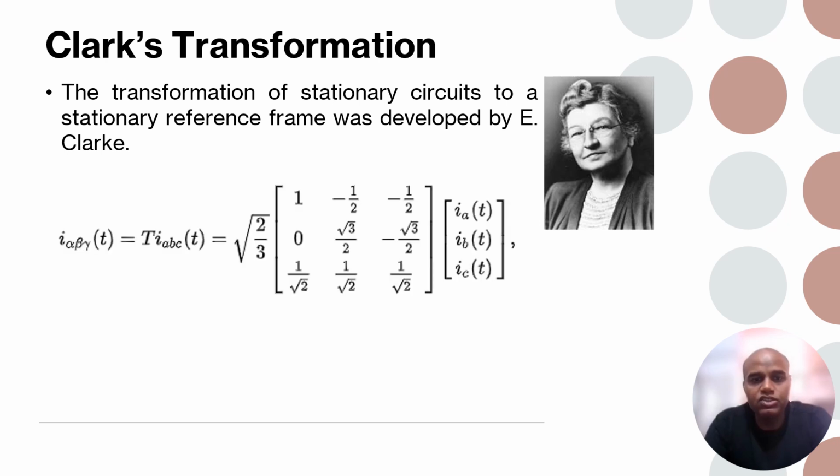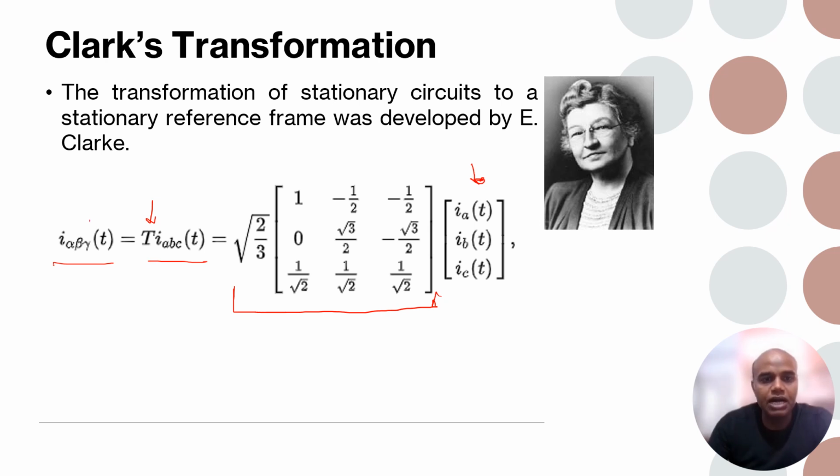For the forward transformation, the matrix is here, a matrix to convert from the three-phase ABC reference frame to the alpha beta frame. The transformation matrix, shown over here by T, is given by this matrix, where IA, IB and IC are the three-phase currents of the stator.